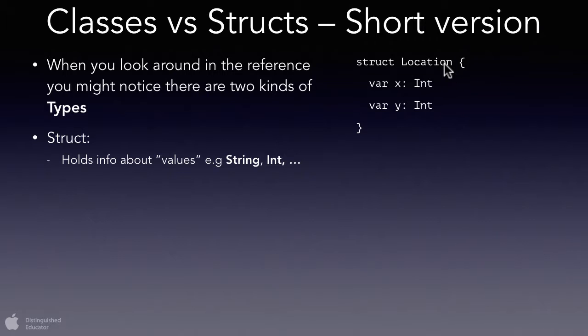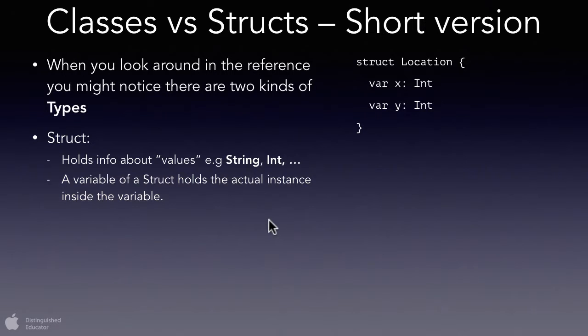You can think about it like in a coordinate system, this is the location of a point. So I have 2 properties, x and y. A variable of a struct is holding the actual instance inside the variable. So if you change something in the variable, it's actually the variable changing. So we'll talk a bit more about this later.